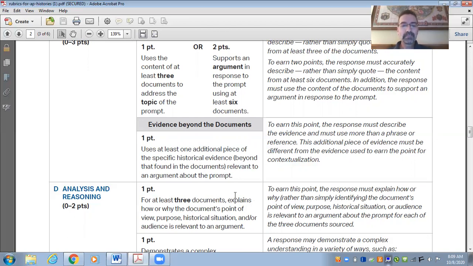Let me give you a really quick example. Let's say the prompt had to do with the Lutheran Reformation, which we just learned about. And in it, there is a document written by Martin Luther concerning indulgences. Now, you and I know, because of what we know about history, that if Martin Luther's writing about the indulgence system, it is going to be a negative opinion, because that's the way he feels about things. We know he's a reformer. We know that he believes that the indulgence system isn't just taking money from people, but it's leading people astray to make them think they can save themselves when they're not really saving themselves.